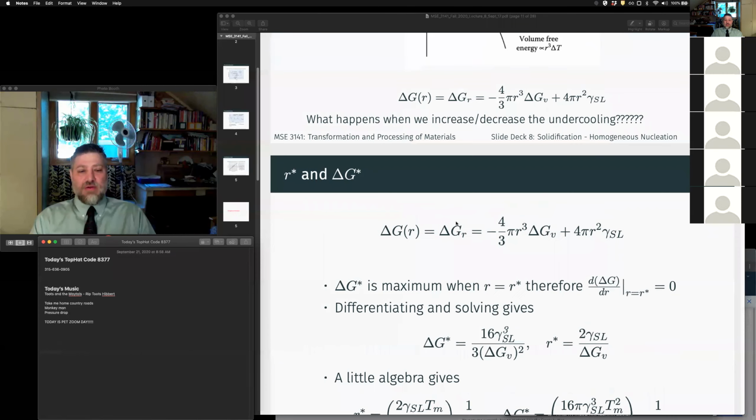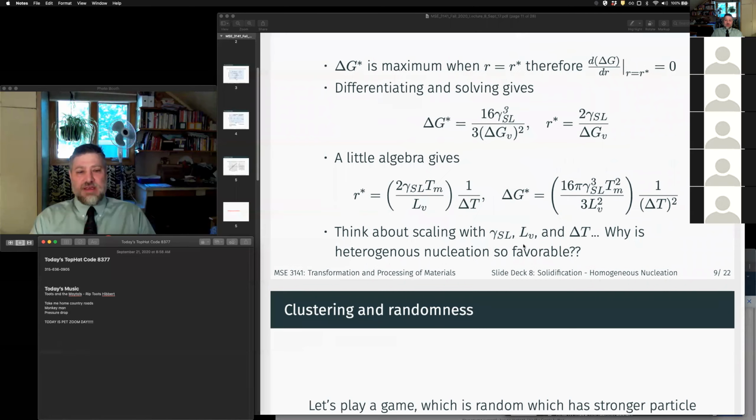And then we looked at what goes in here, and we realized that the surface energy cubed is in the activation energy, right? So for heterogeneous nucleation, we really want to see what we can do about lowering this interfacial energy term.